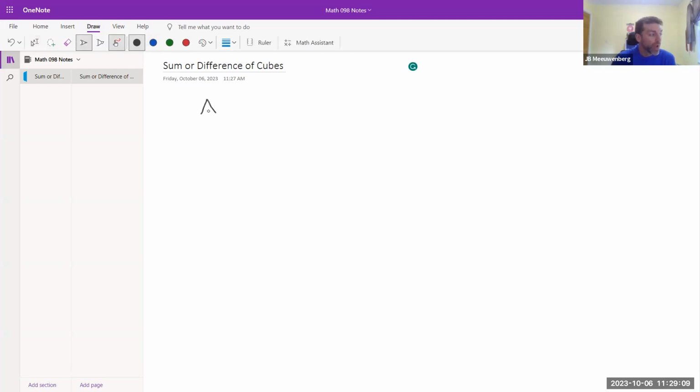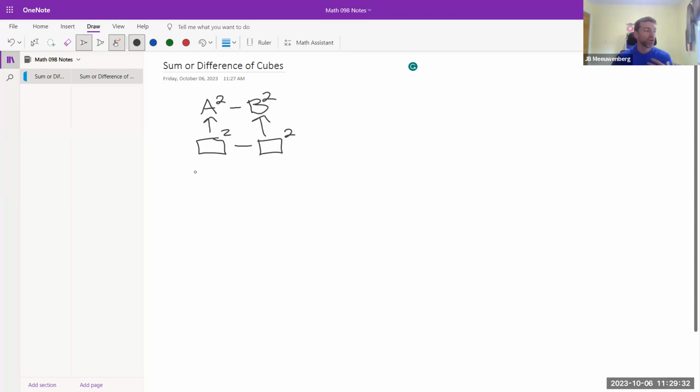A difference of squares has this form, a squared minus b squared, where the first term is some monomial squared, and then it's minus some other monomial that's squared. So these are always subtraction, and both parts of them are something that's being squared.